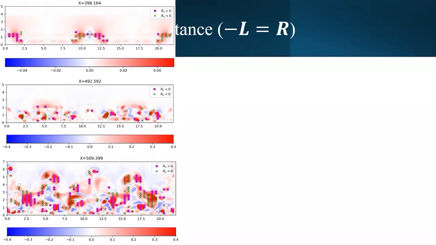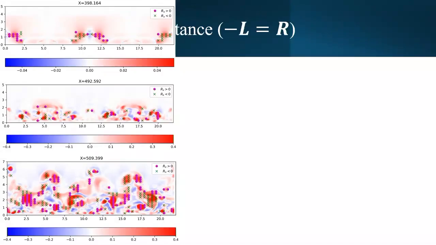Here the color stands for this uniform parameter, Lutx or negative resistance. When this value is positive, it means this point is a rotational point, and this value stands for the Lutx magnitude. If we have a negative value at this point, it means this point is non-rotational, and this negative value is negative resistance.